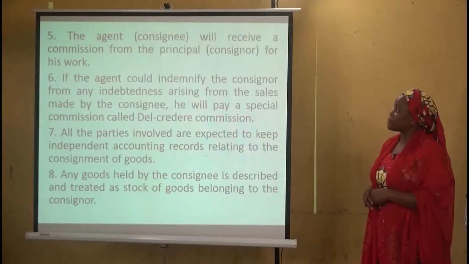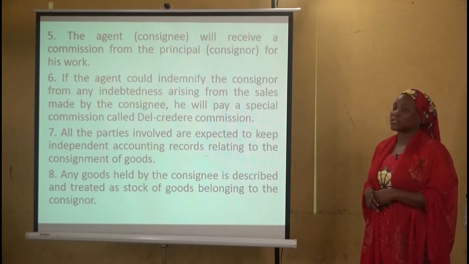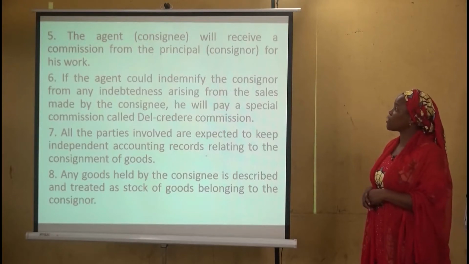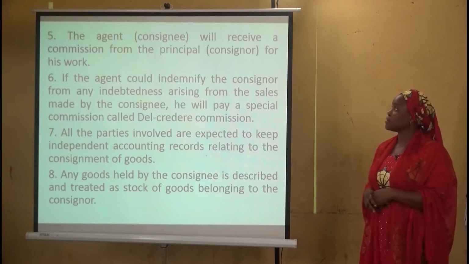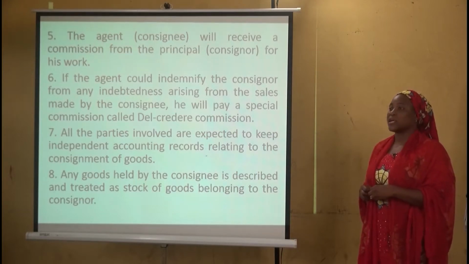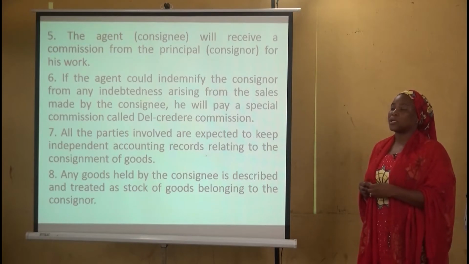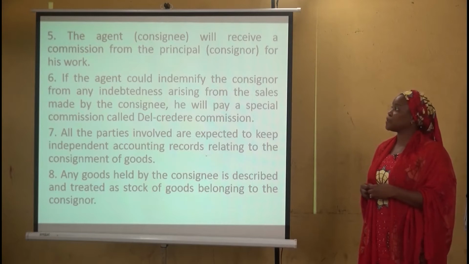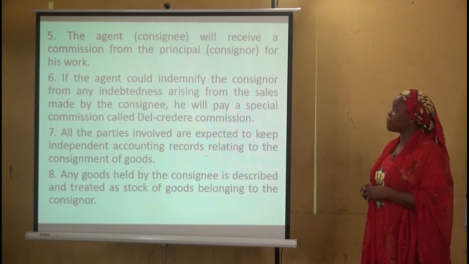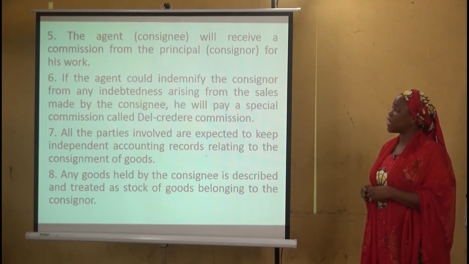Then number 5, the agent, who is the consignee, will receive a commission from the principal, who is the consignor, for his work. When the agent has finished selling the goods, he has a commission that will be paid to him.